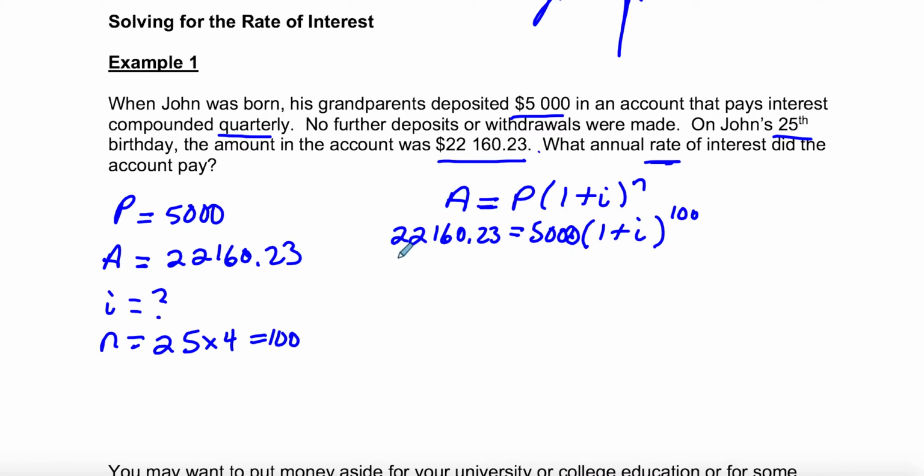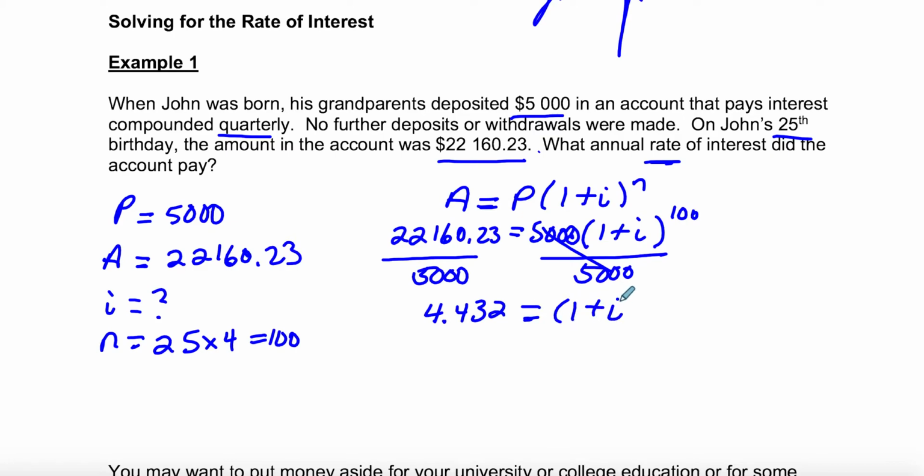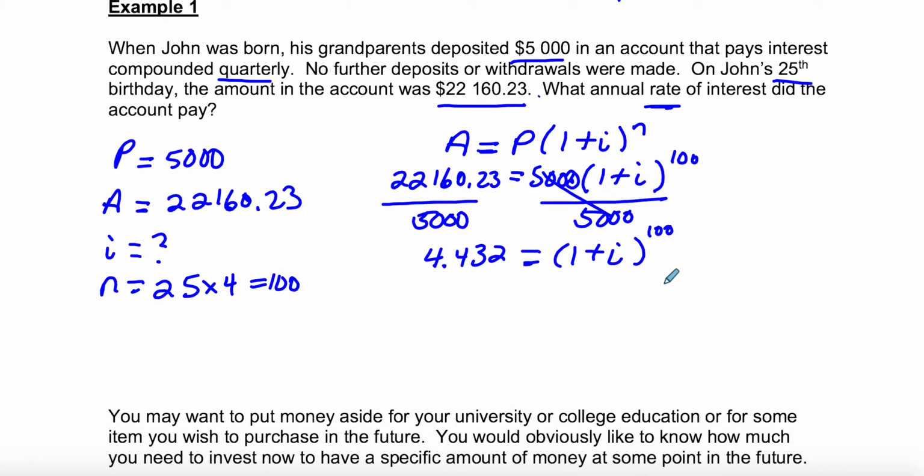I think the very first thing I would see is that I could divide both sides by 5,000. Because if I did that, they would cancel on the right. So when I divide the left, I get 4.432. And then on the right, I only have 1 plus I to the exponent 100. Now, we have done exponents, and that's kind of why exponents came before this unit.